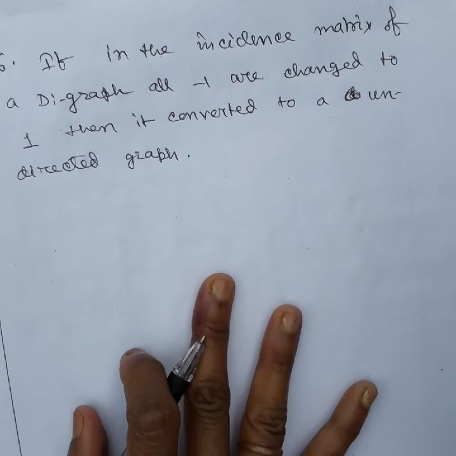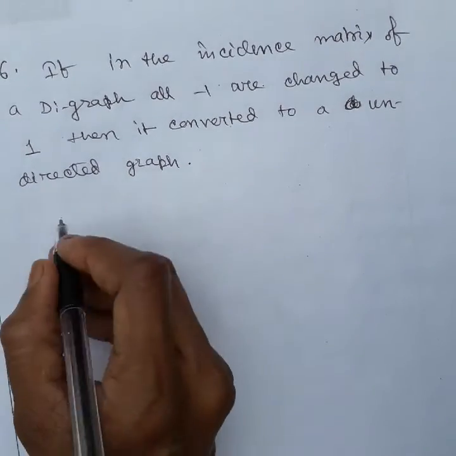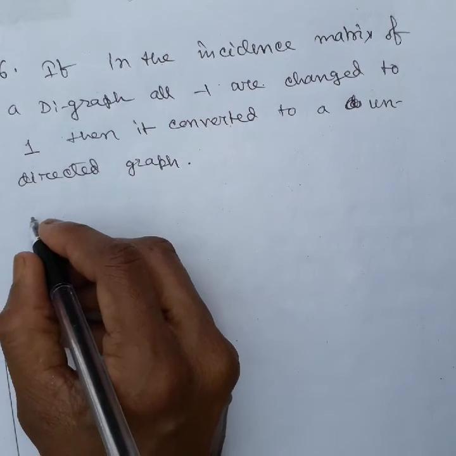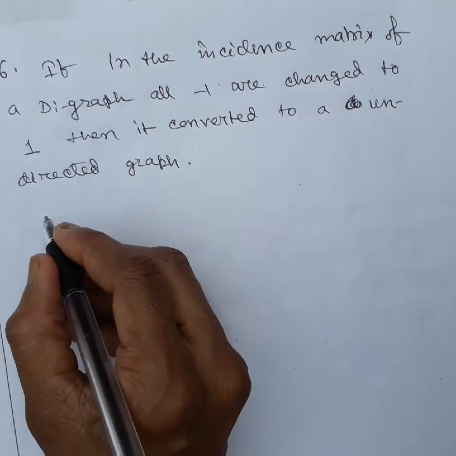Okay. Now you can also find the incidence matrix of the disconnected graph.